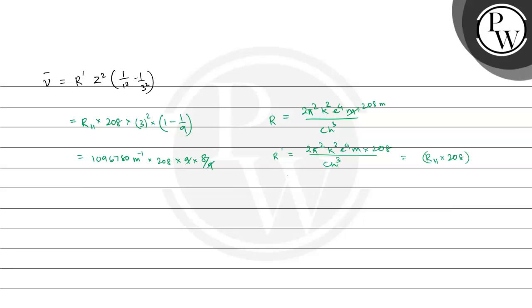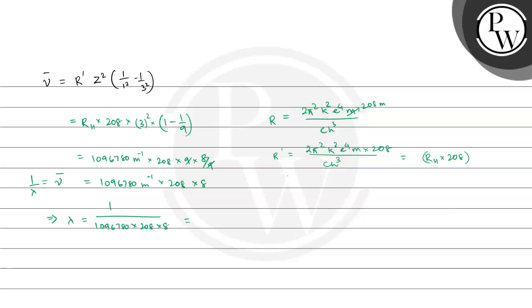So 9 and 9 cancel, and we have 1096780 meter inverse multiplied by 208 multiplied by 8, and we have to take the wavelength. So here we have wave number which is equal to 1 by wavelength. So wavelength is 1 divided by 1096780 into 208 multiplied by 8.